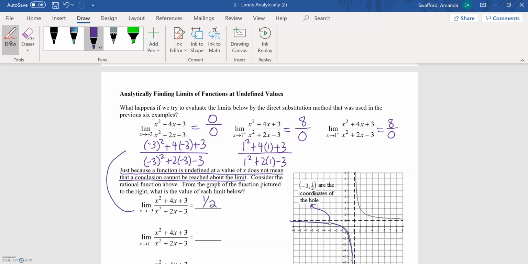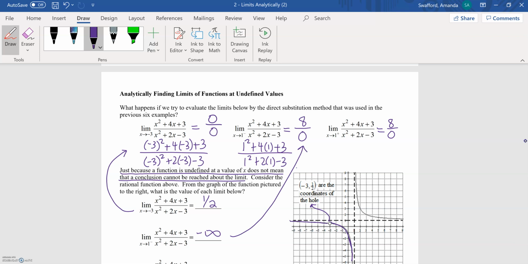But oh wait, when we tried direct substitution, we got 0/0. So what's going on? We've got to be able to solve these algebraically. We can't just stop when we get 0/0. So we're going to examine the other limits at 1 from the left and right, and then we're going to talk about what we can do in this situation when we get 0 in the bottom. As I approach 1 from the left, it looks like I'm going to -infinity, which is more descriptive than 8/0.